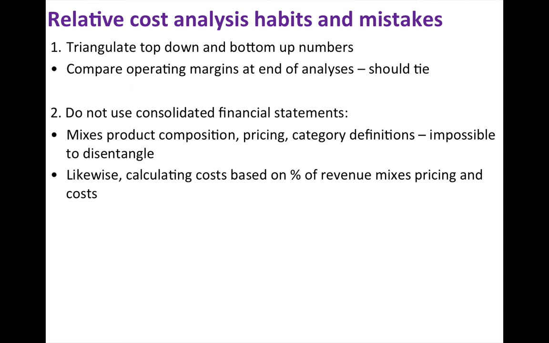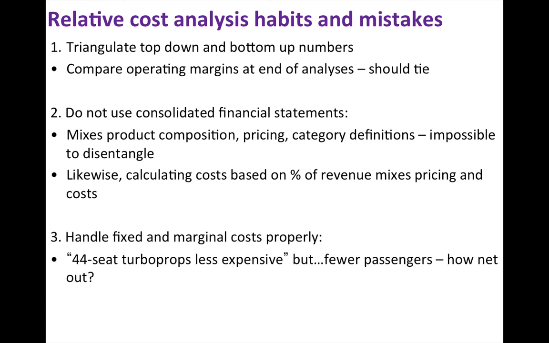Why are consolidated financial statements bad for relative cost analysis? Because they mix up all kinds of stuff that shouldn't be mixed up. They mix geographies, they mix products, they mix pricing decisions, they mix category decisions. You cannot use standard financial statements and get good enough data and good enough categories to run these. So you need some kind of bottom-up or lower level data to run these analyses on.